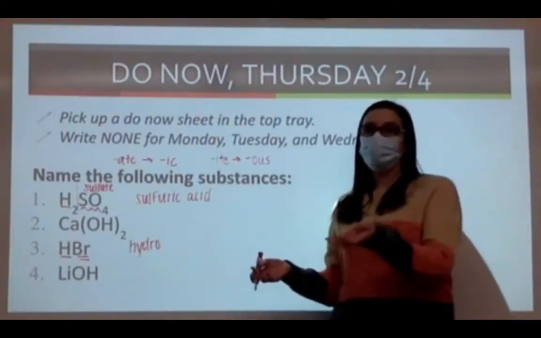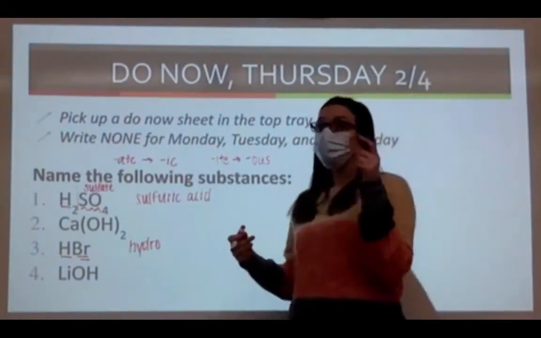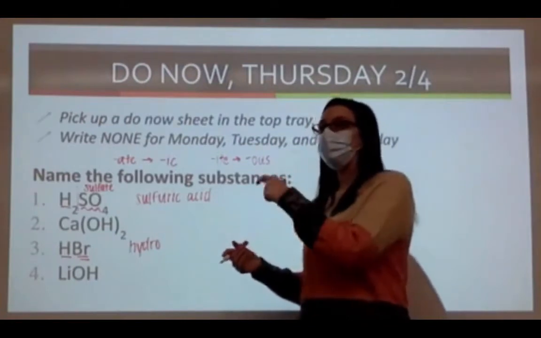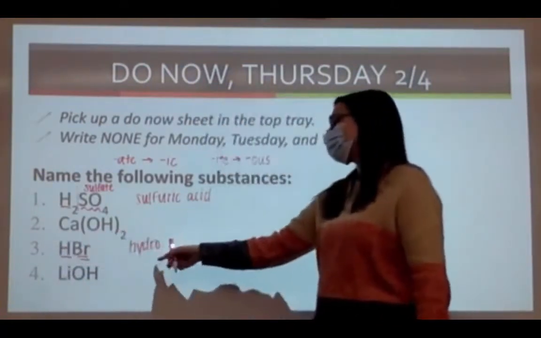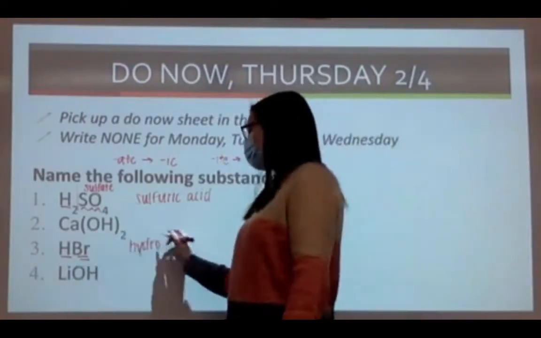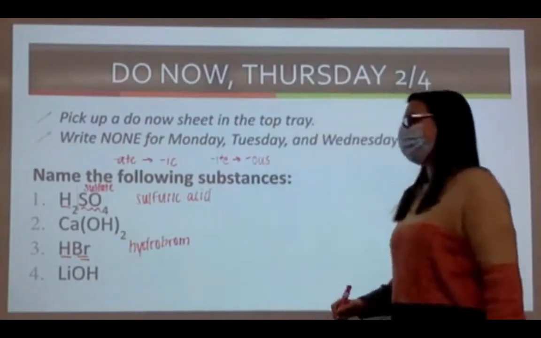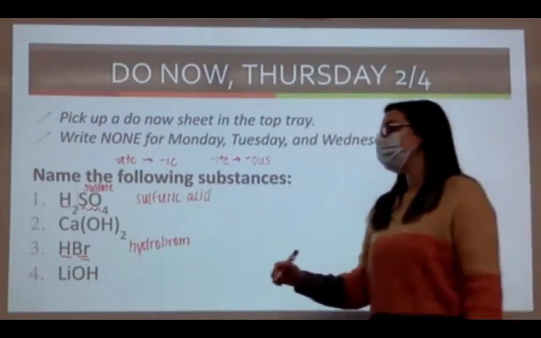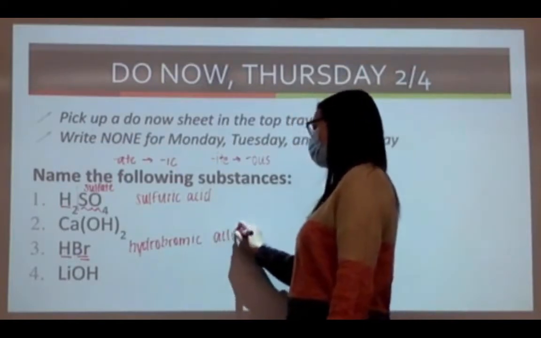Hydrochloric acid. And we use HCl all the time. So when it's hydrogen and a single element, you start with hydro, then you put the beginning of the element. So Br is bromine, and you end it with ic: hydrobromic acid.